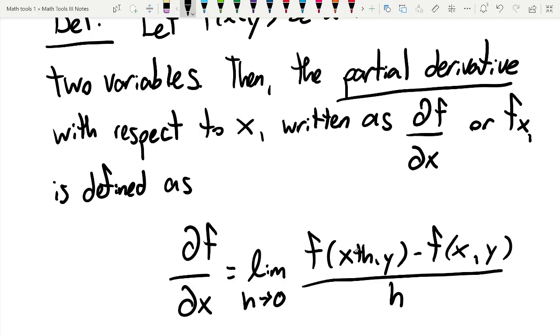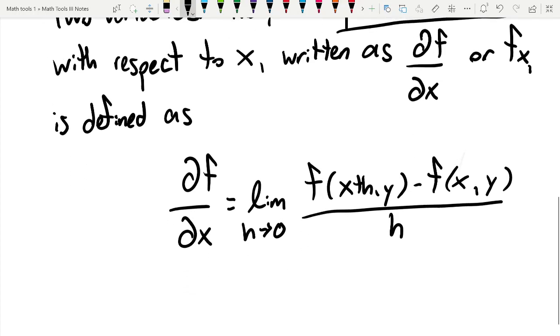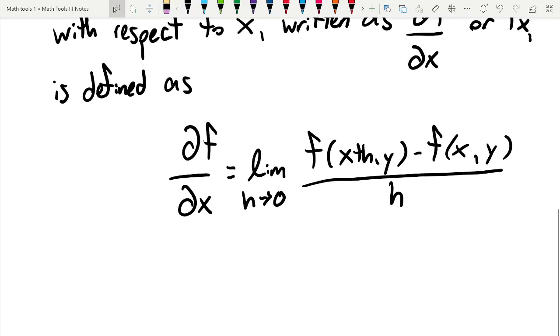So you can see we're basically just leaving y alone, right? This is the idea of holding y constant. So y is just kind of coming along for the ride here. You can do the same thing with y. I won't write the definition there because it's exactly the same, just put the y plus h in there instead.